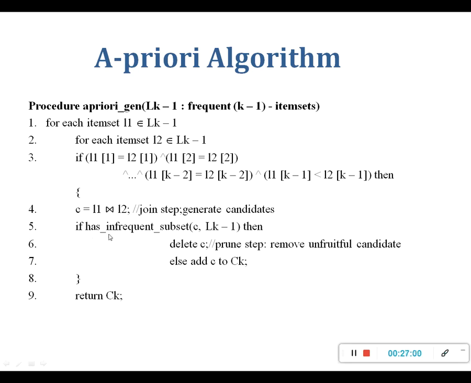If there is an infrequent subset, meaning the item is not frequent, then we should not consider that item; we remove it. Else, if the item is frequent, we add that item to our Ck list.